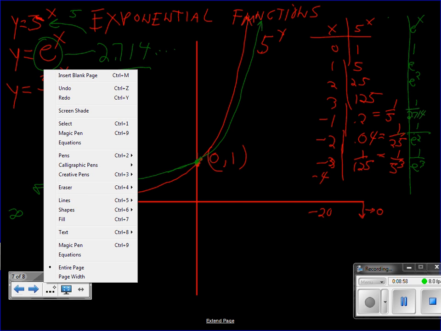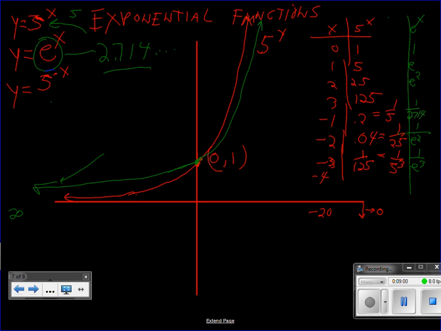Okay. How about the last one here now? Let's finish this one. What about 5 to the minus x? Well, it turns out we're going to reflect this axis. What happens if you put in a 0? It's still 1. If you put in a positive x now, positive x is going to go like the negative side. Right?